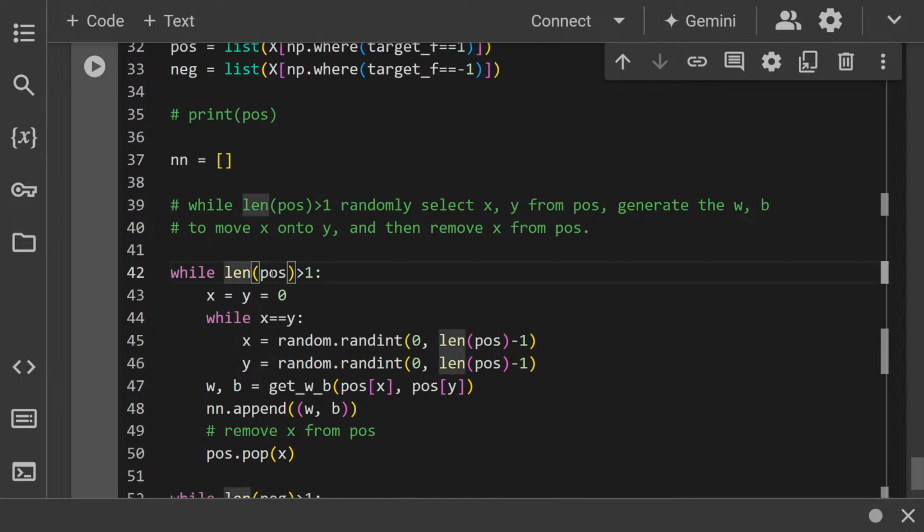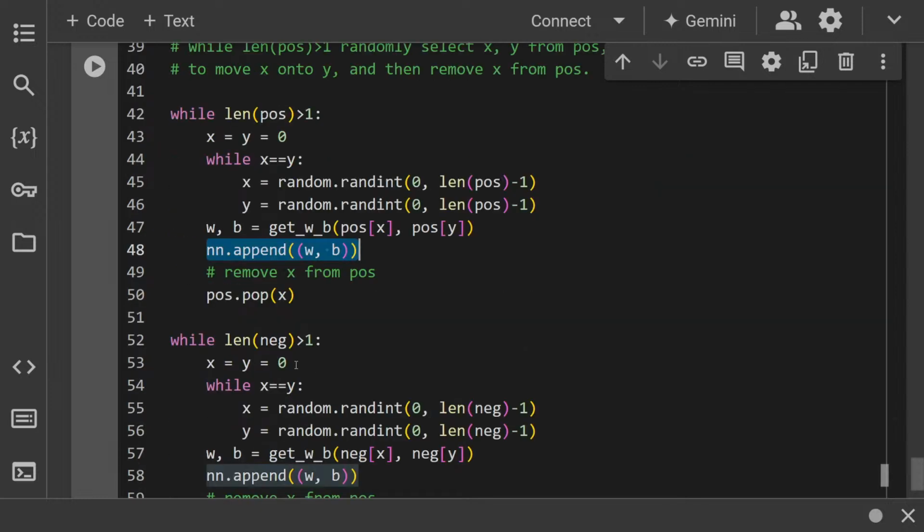These are all the positive inputs, and you just overlap two of them: you randomly select two points, create a layer that overlaps them, and add that layer to the neural net, and then you do it for the negatives.